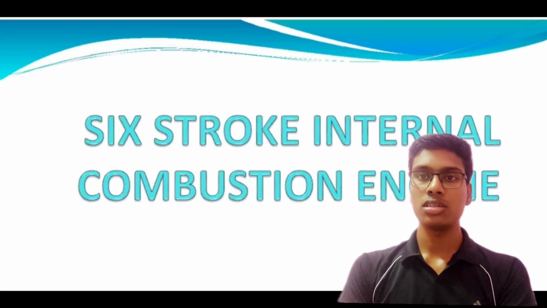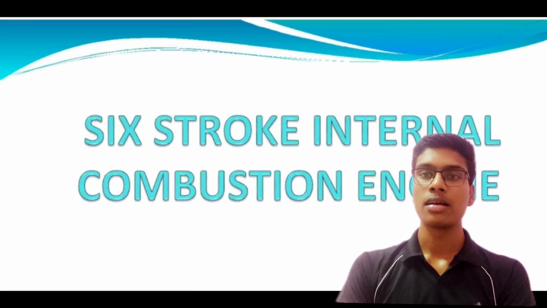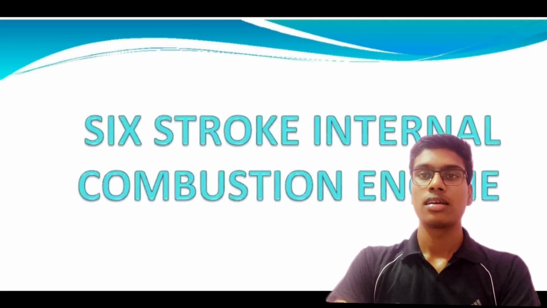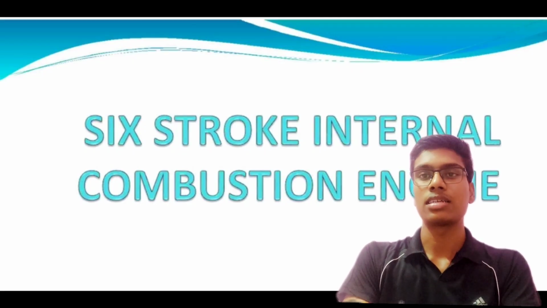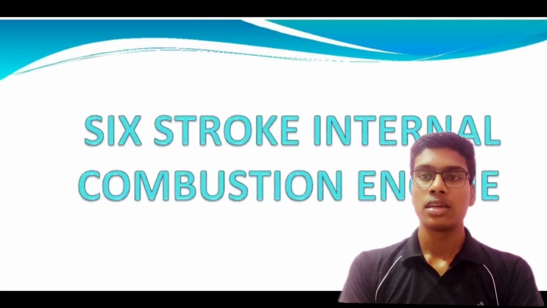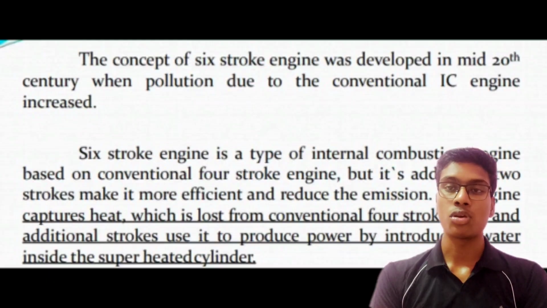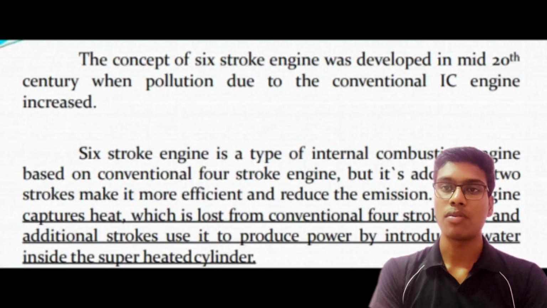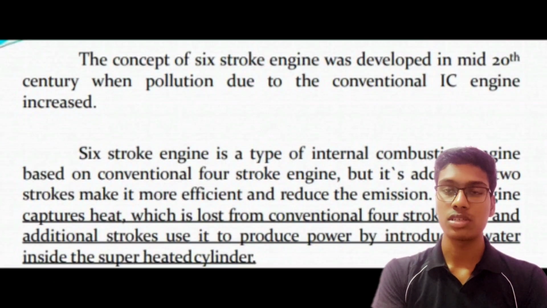Generally, the six-stroke engine is the engine type in which a power cycle is completed by the revolution of 3, in which the piston is connected to the crankshaft and the connecting rod. If the crankshaft rotates 3 times, the power stroke gets completed. That is the basic concept of the six-stroke engine.